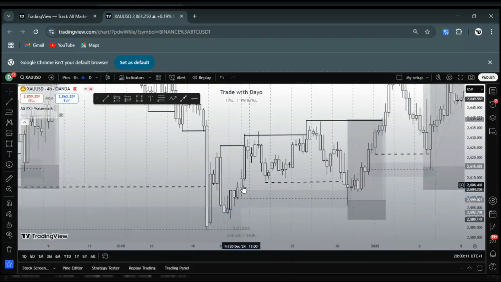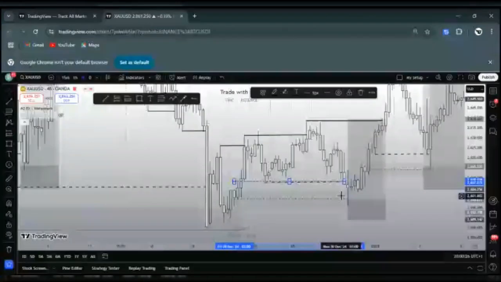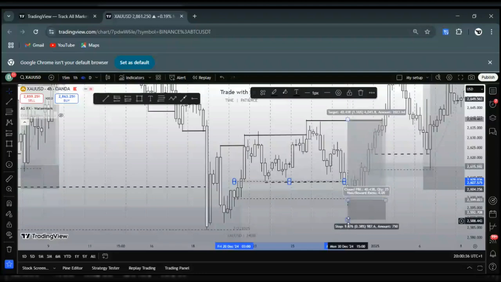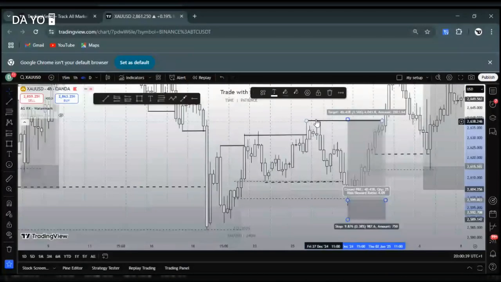Very tiny. So this fair value gap validates this other block zone. It shows that this block is valid. So you enter from here and you set your SL here, then your target at the previous high.